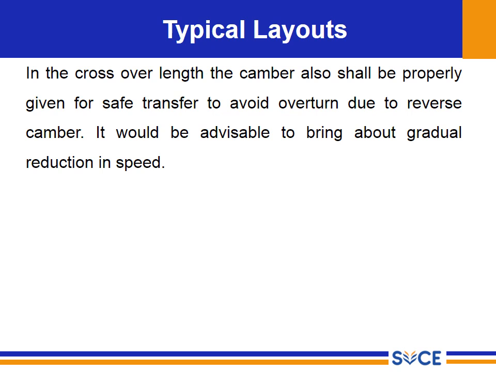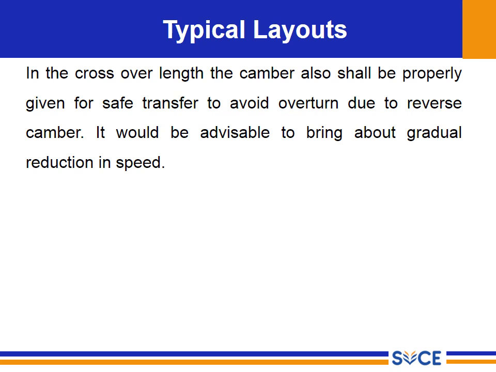In the crossover length, the camber also shall be properly done. The camber is mainly provided for rainwater drainage, that we know. In one direction the camber may be towards the drainage, whereas in the opposite direction it is also towards the drainage only, but in the opposite direction.